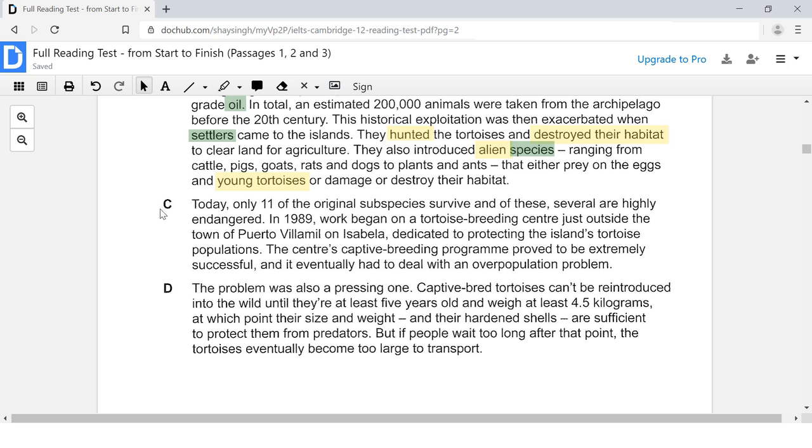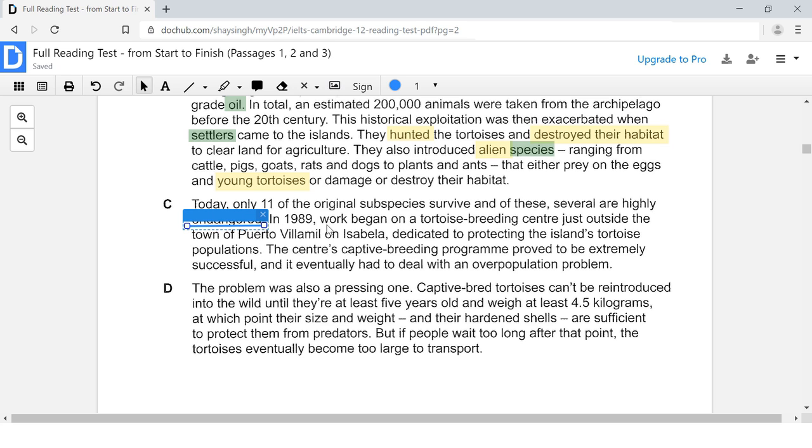So let's go ahead and do that. The first sentence here says, "Today, only 11 of the original subspecies survive, and of these, several are highly endangered." Okay, so we are going to be focused on endangered species, how they are endangered. That seems to be the main point of focus here.